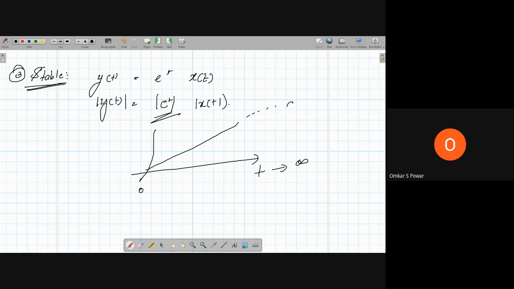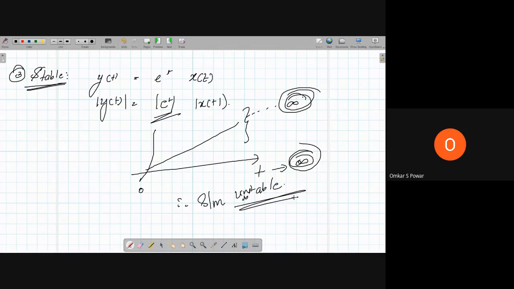It also tends to infinity. So there is no bounded input and bounded output. So therefore the system is unstable, because as t tends to infinity, e power t tends to infinity. I have given the best example of a pendulum while explaining that one.